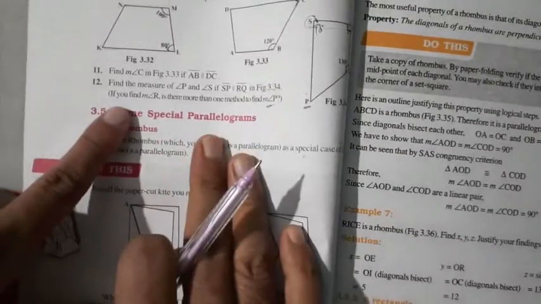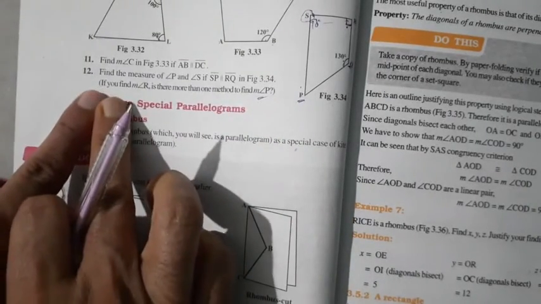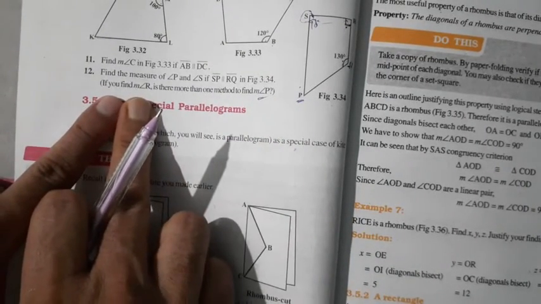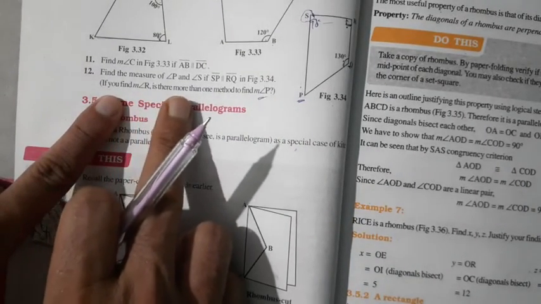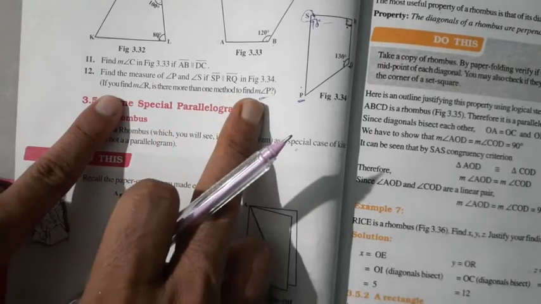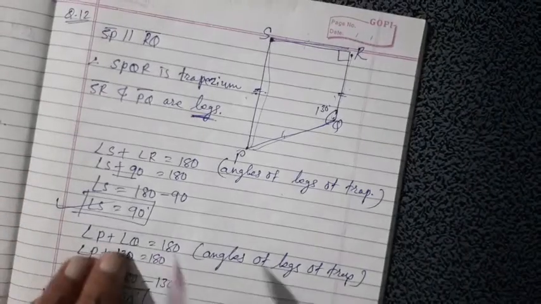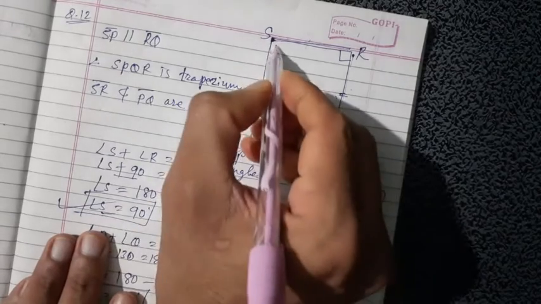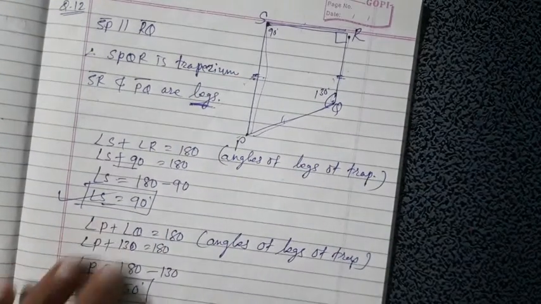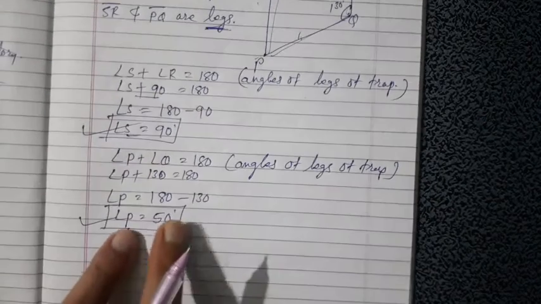Look, in the bracket one more question is there: if you find the measure of angle R, is there more than one method to find P? Yes, one more method is there. After finding S as 90, you can use the second method. Here we already used one method.